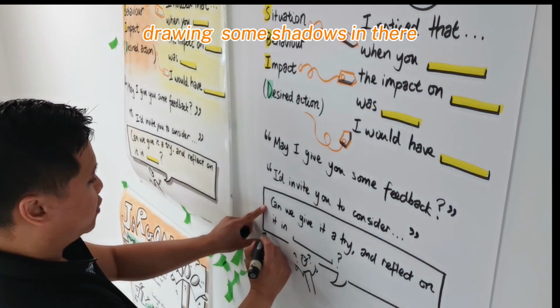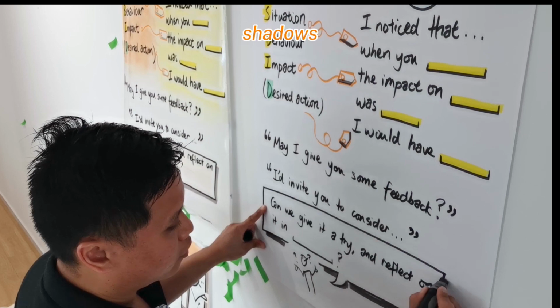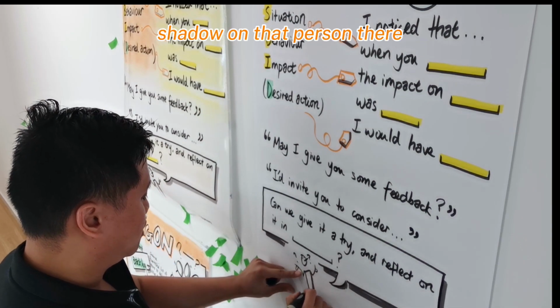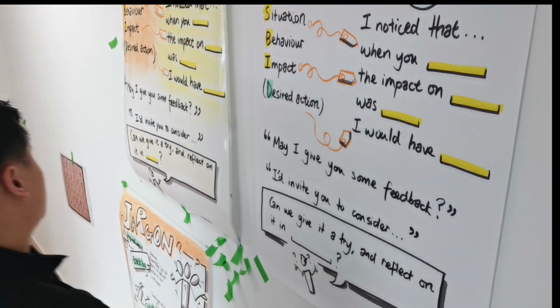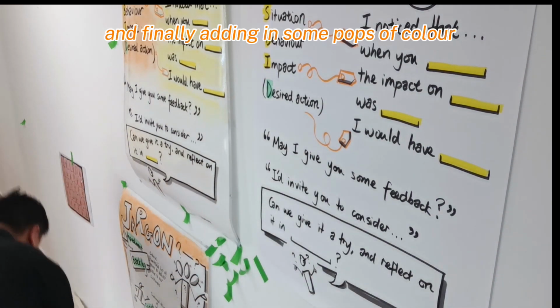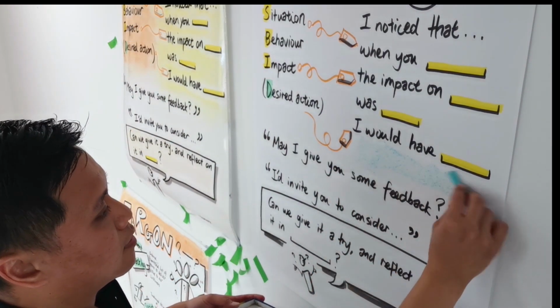Drawing some shadows in there really quickly, finishing it off with your shadows, a shadow on that person there. And then finally adding in some pops of color.